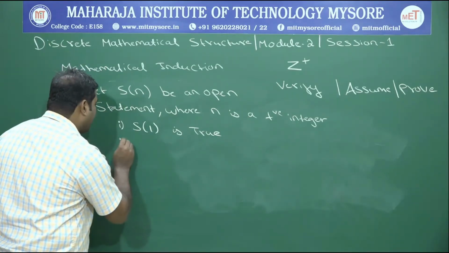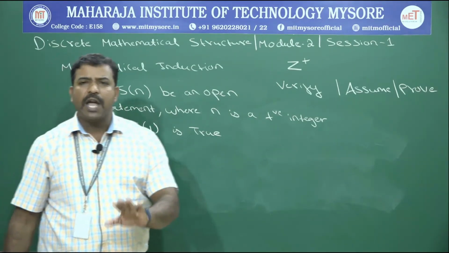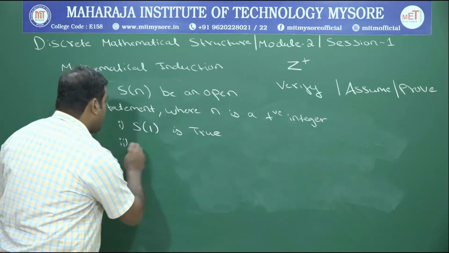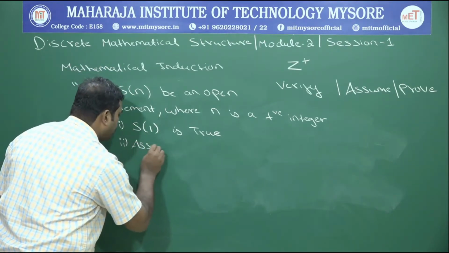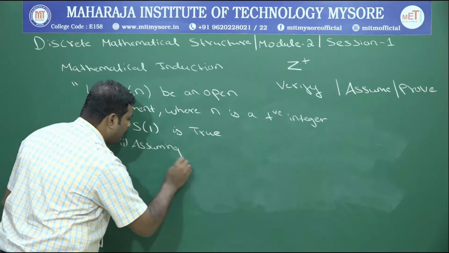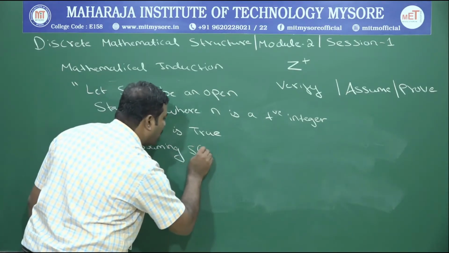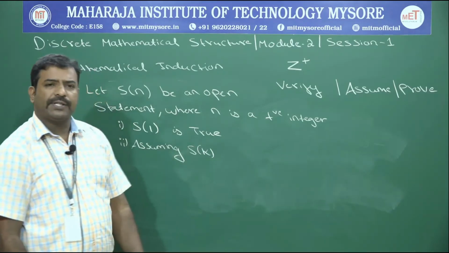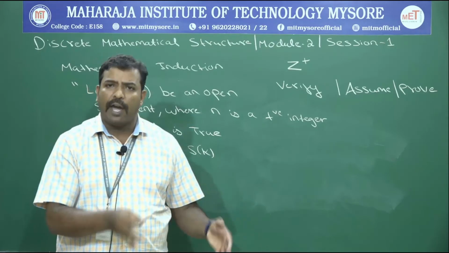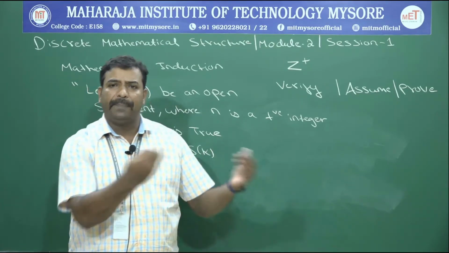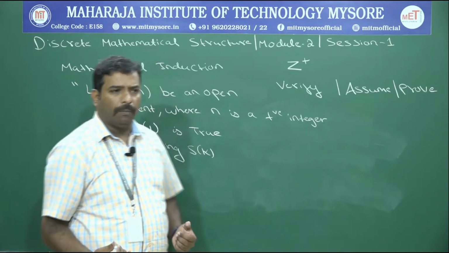The second step is I am going to assume S of k, where k is a randomly picked value, or randomly picked biscuit, or randomly picked object.